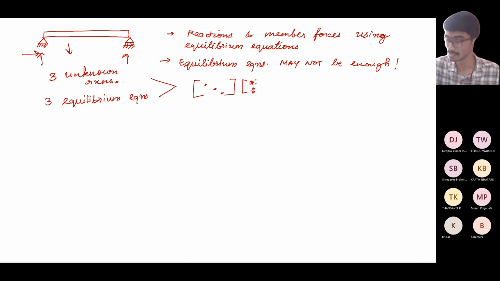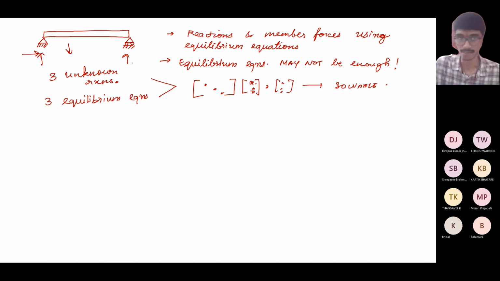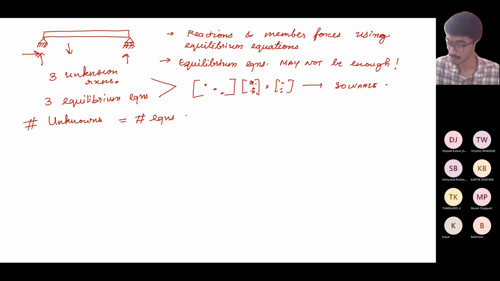And this is solvable. So when you have exactly equal number of unknowns and the number of equations to solve them, it is called a statically determinate structure.